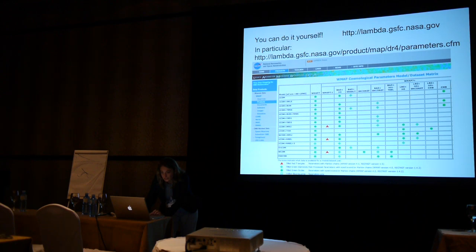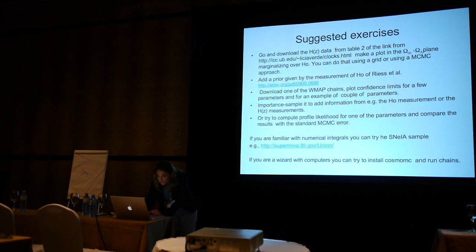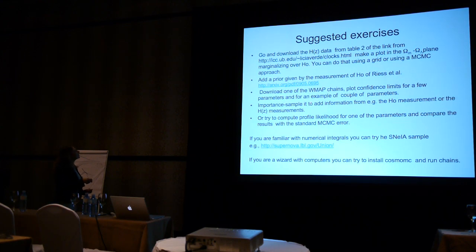So one of the suggested exercises is very close to that. So let me just mention it. Say you have a WMAP chain, and you have confidence limits, a few parameters, etc., and now say that you look at the literature and you realize, oh, there is a really good measurement of H naught, and I didn't know that before.